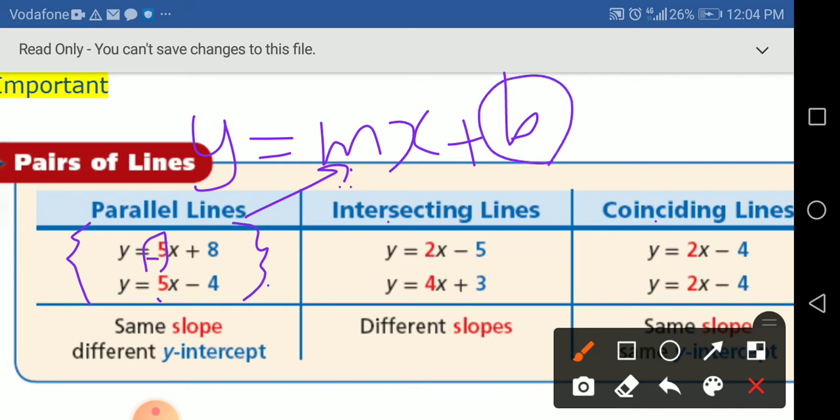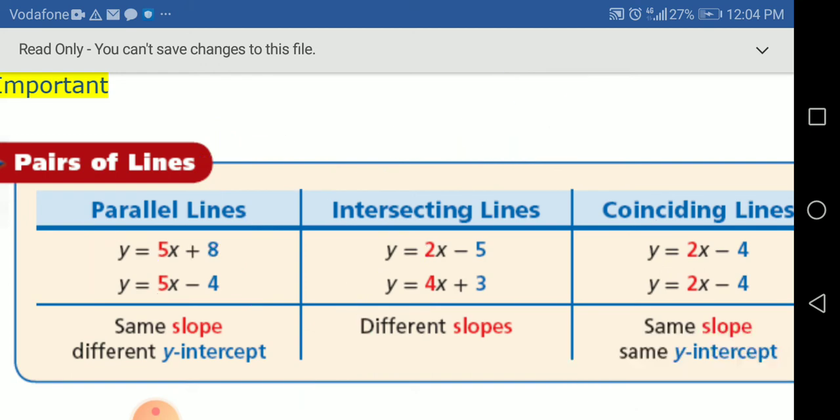If you have the same slope and different y-intercepts, you have parallel lines. If you have different slopes, you have intersecting lines. What about the same slope and the same y-intercept?